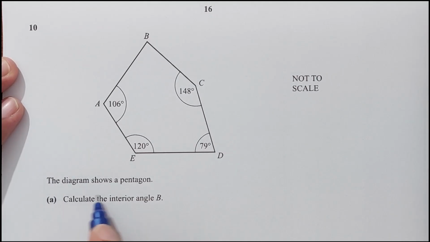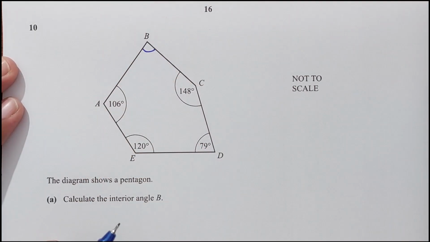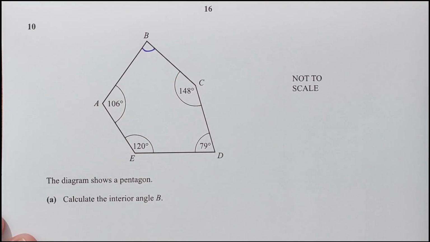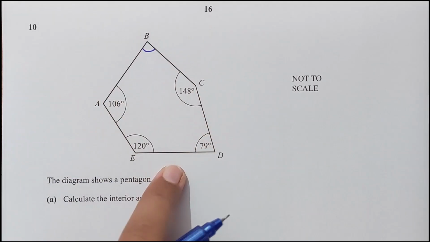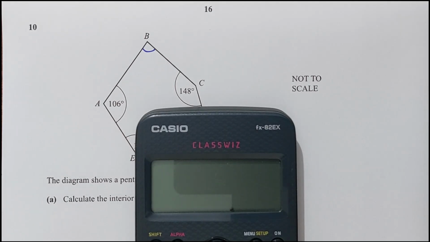Question number 10. The diagram shows a pentagon. Part A, calculate the interior angle B. This angle we have to calculate. Alright, so we have to sum up all the interior angles and put it equal to 540. Because a triangle has three angles, the sum of three angles of a triangle equals 180, and a quadrilateral has four angles, so it should be 180 times 2, which is 360, and then 180 times 3, which is 540.